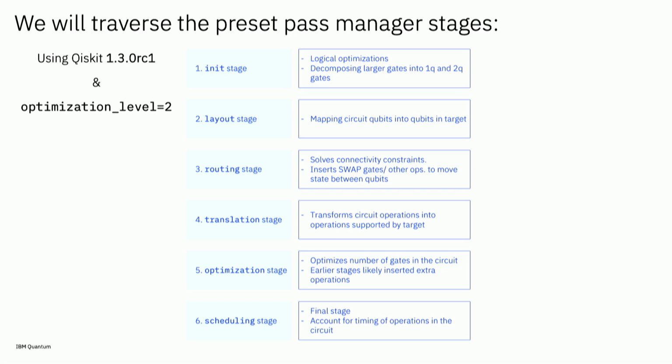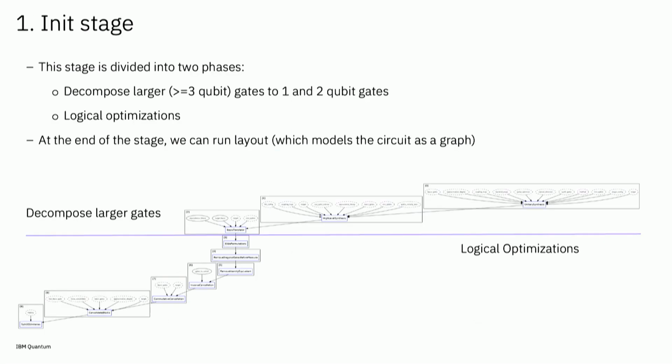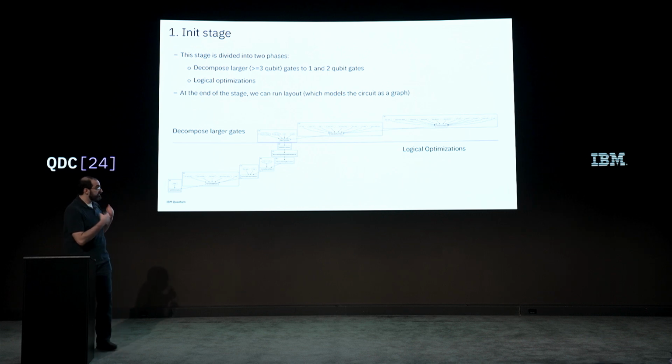The final release will be next week, but you can pip install that today and experiment with it. We're going to be going through each of the stages and looking at the passes that are run and how the pass managers are constructed to get a feel for how Qiskit is transforming your circuits as you run the transpiler. So the first stage is the init stage.